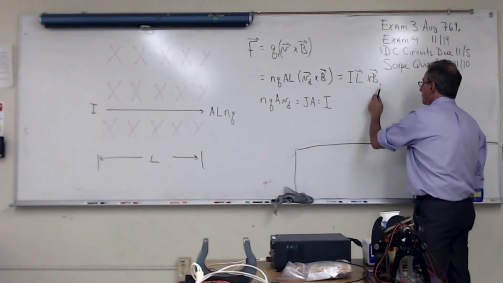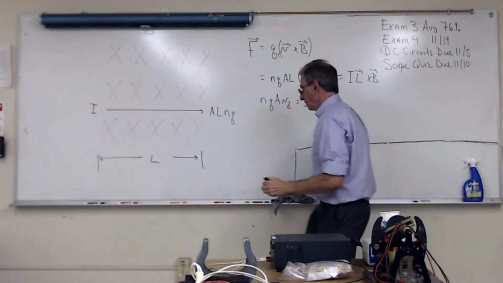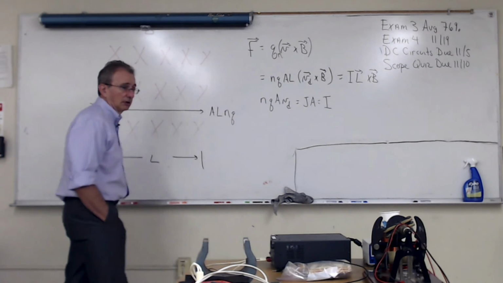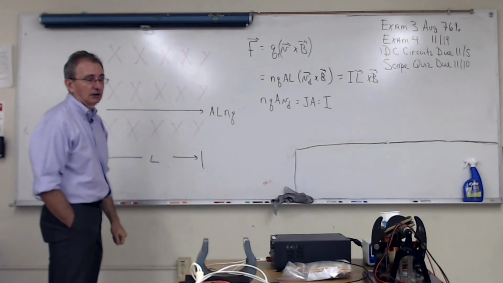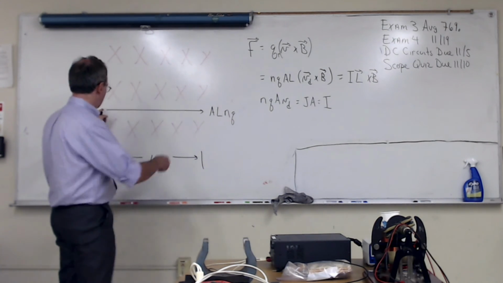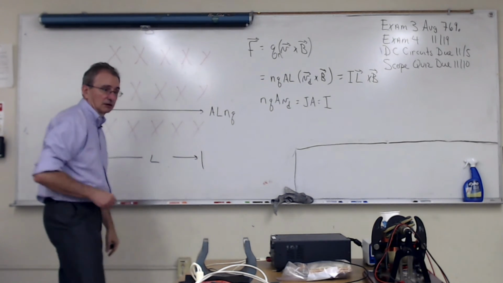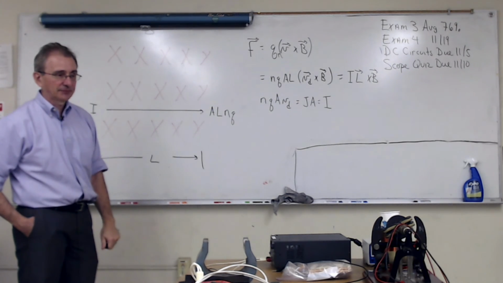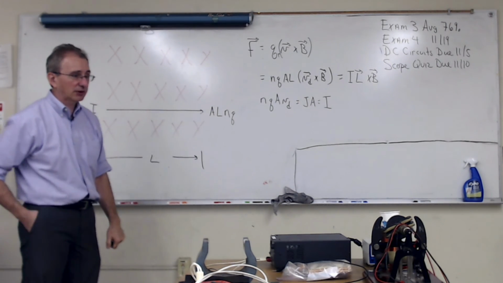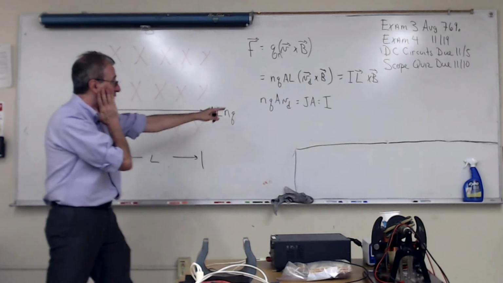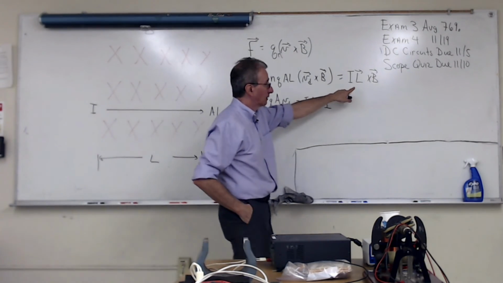I times L cross B, where L is the vector that goes from this point to this point. And right now, its length is the length of this wire. Okay? Does that make sense? But the L is more general than that. I'm going to show you that in a minute. So that's the equation for the force on a wire in a magnetic field.